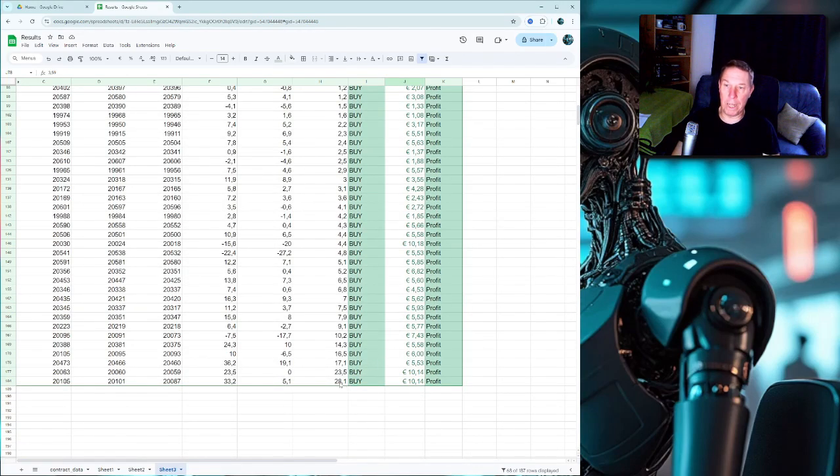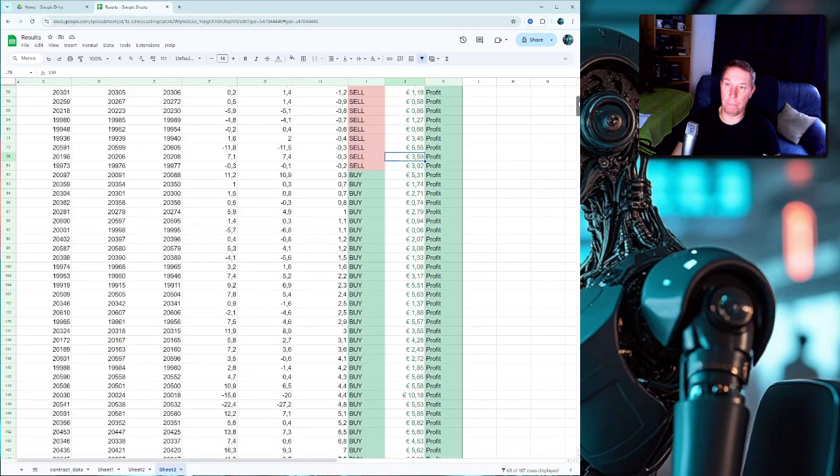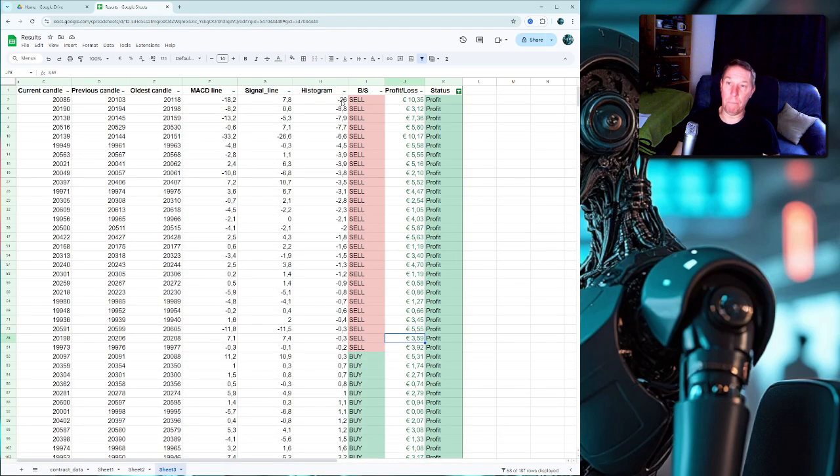A buy with a MACD histogram of 28 and 23, and all the way up I saw a histogram of minus 26 and minus 8 and 7.9. With a histogram of minus 26, we had a sell, and that was a profitable one for almost €10.5, and this one also €10. Good. Looks good.